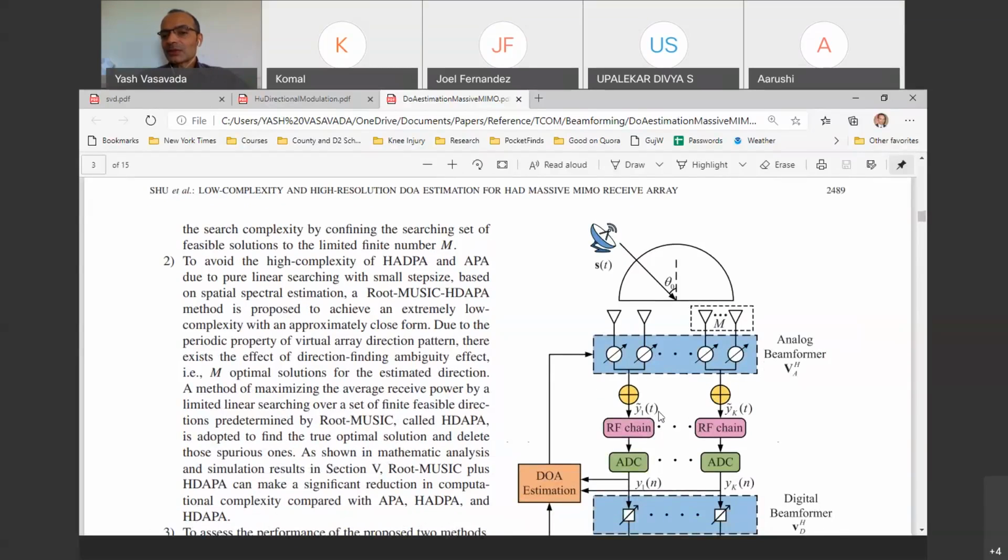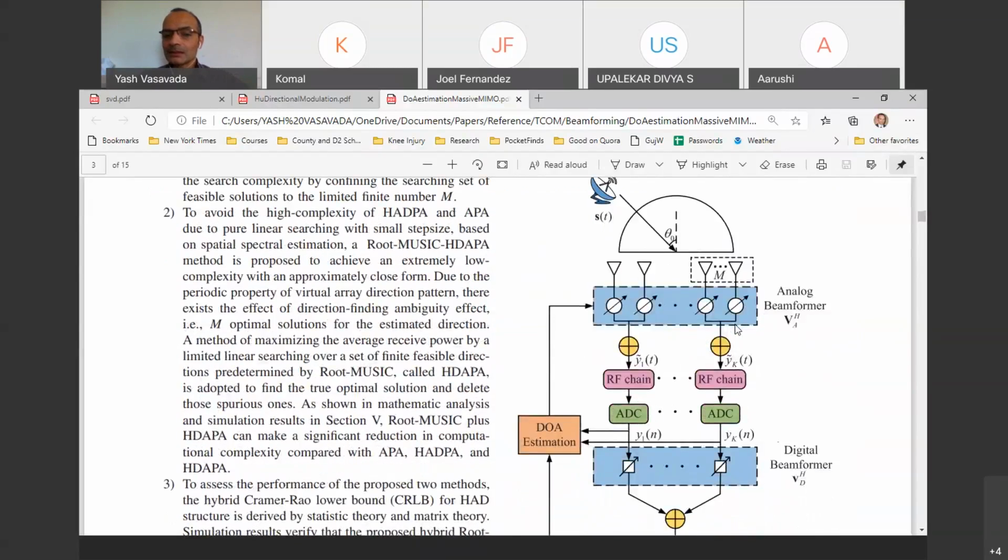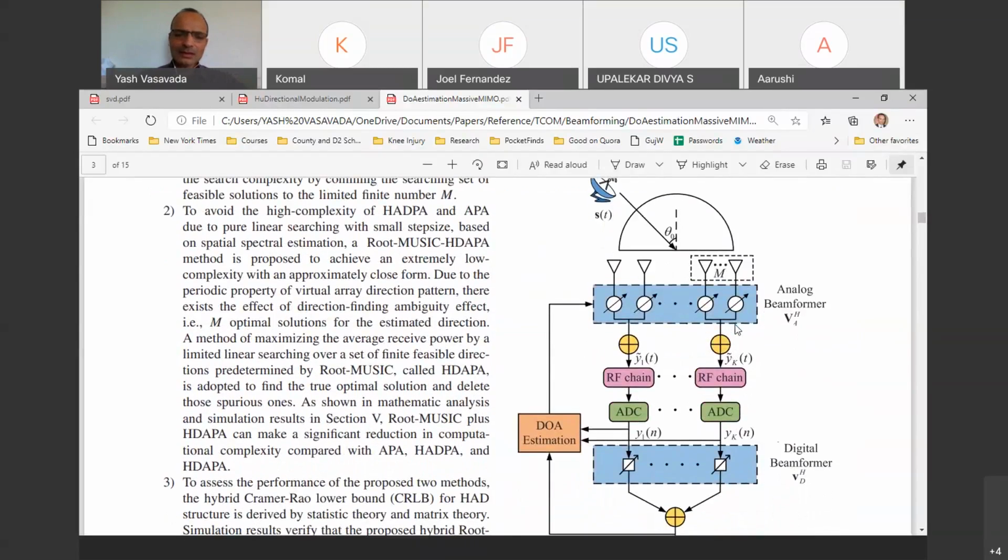In this case, now they will get only 5 outputs, and each of those 5 will be a phase shifted summation of 20 different antenna outputs. Does this make sense?